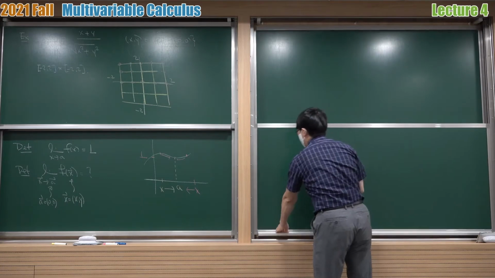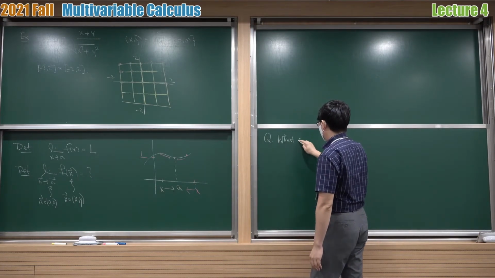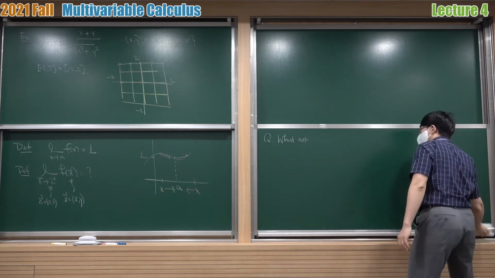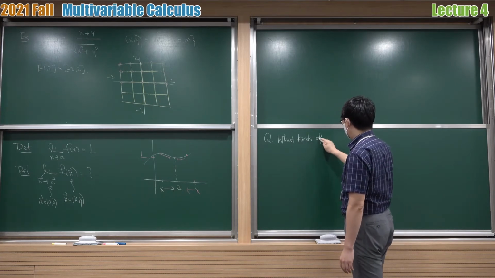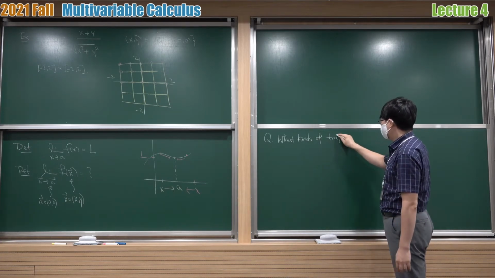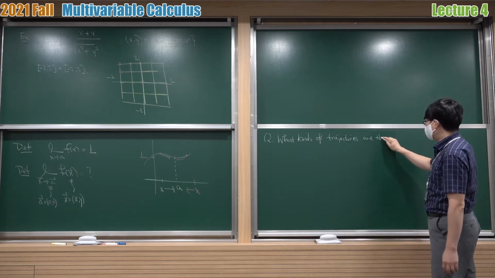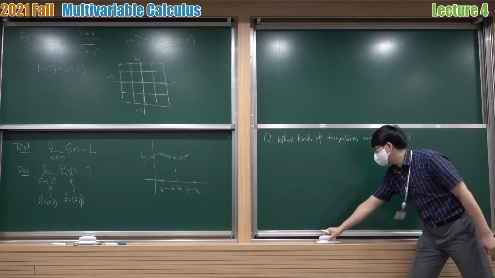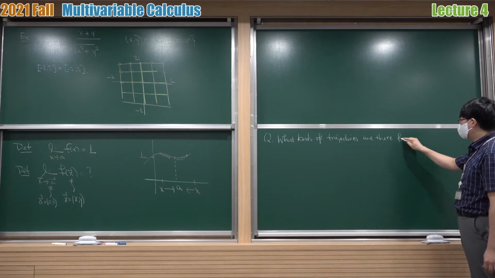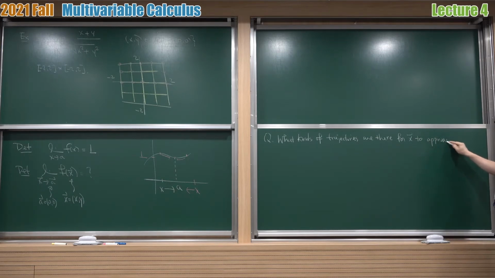So here's a question. What kind of trajectories are there for x to approach a?